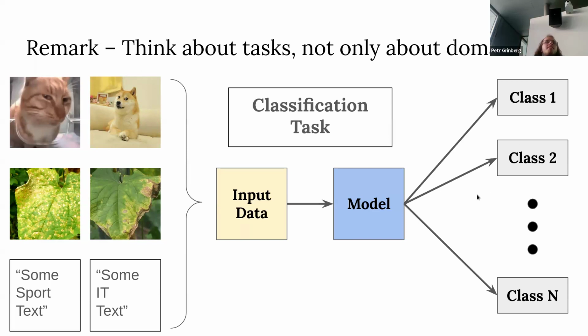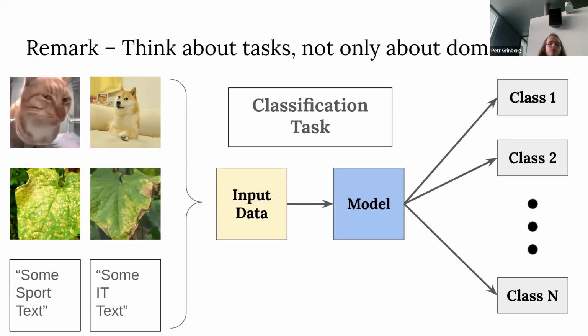But this is exactly the same as having one plant and another plant and trying to detect what disease this plant has. Or maybe you have several texts. One is about IT, another about sports, and you want to understand what is the topic: sports, IT, news, something else.